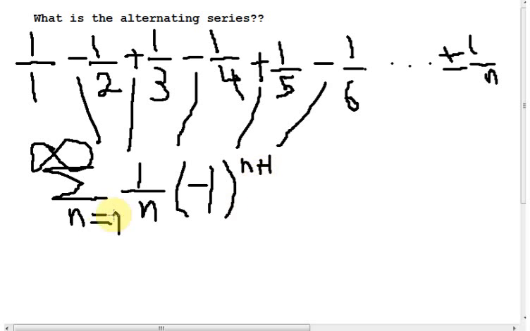So n plus 1 is having every odd term be positive and every even term be negative. So we plug in n here, it would be 1 times negative 1 to the second power, making it positive 1, which is our first term.